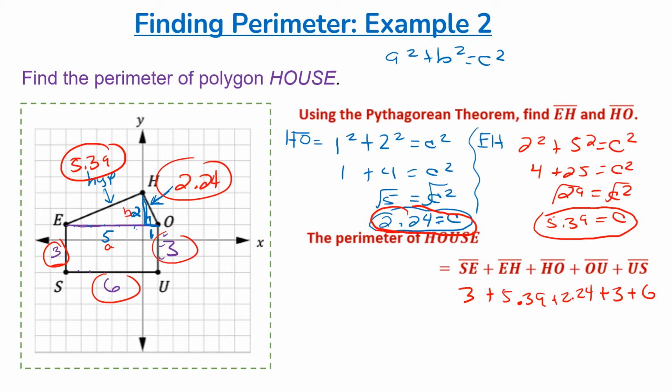Excuse my handwriting here. So I'm just going to add up 3 plus 5.39 plus 2.24 plus 3 plus 6, and that is going to give me approximately 19.63 units. So the perimeter of this figure here is approximately 19.63 units.